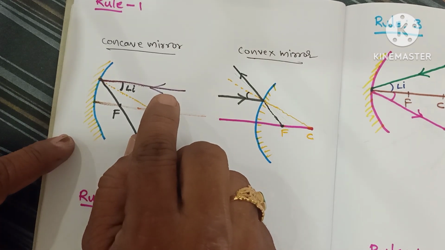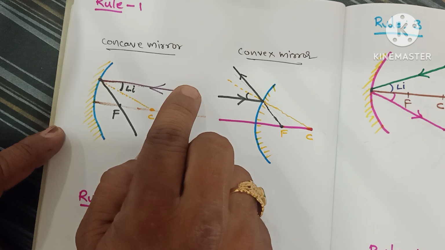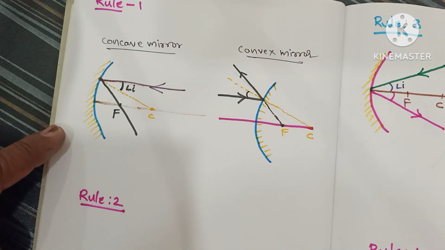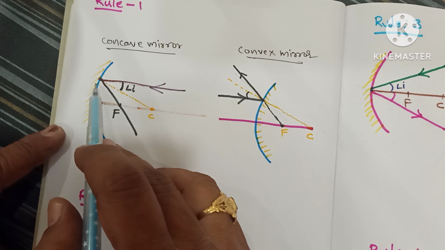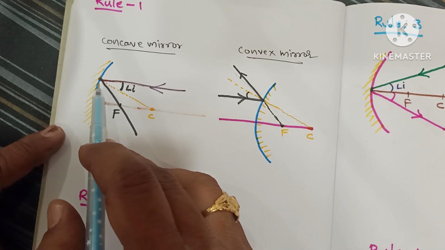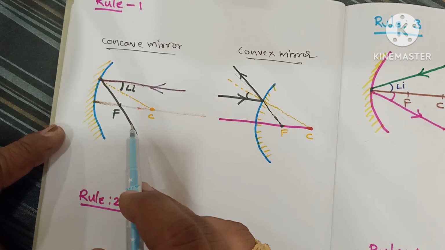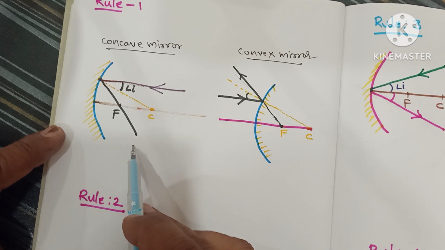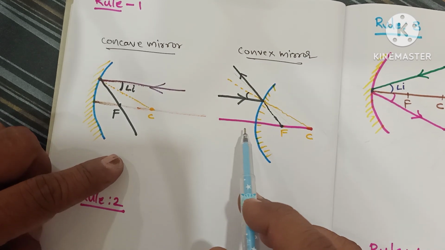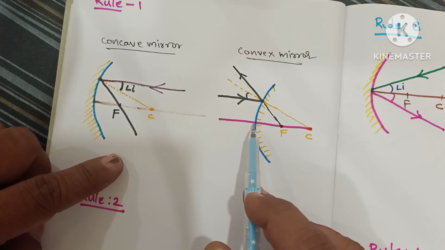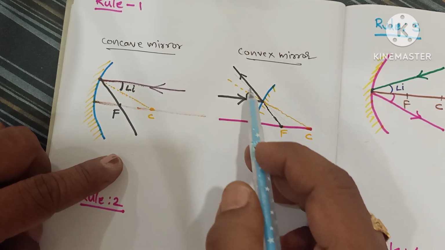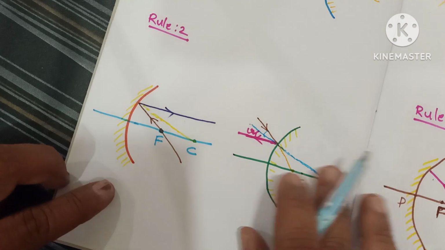All the rays coming parallel to the principal axis get reflected such that they pass through the focal point of the concave mirror. If it is a convex mirror, they are reflected as if they are coming from the focus.